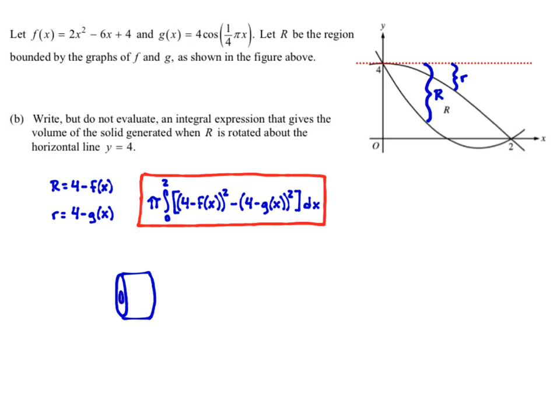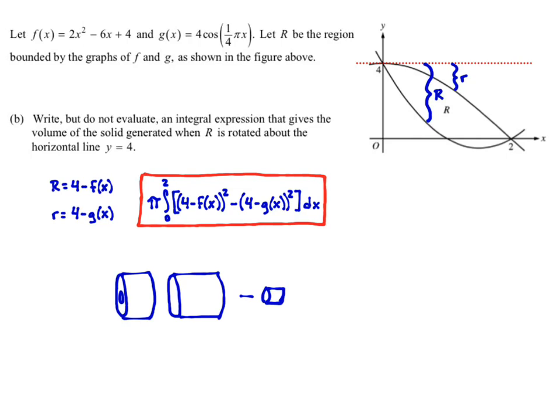The logic behind this is if I can find the volume of the big cylinder, and subtract the volume of that little cylinder on the inside, that hole, then I would find the volume of the piece remaining. So this is the hole, and this is the outer shell.